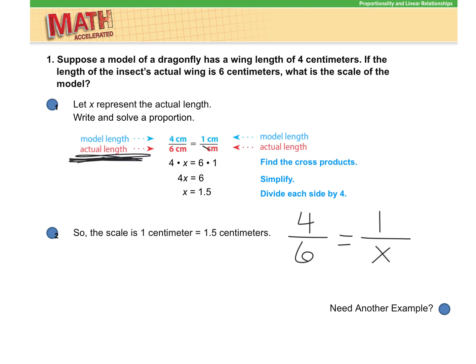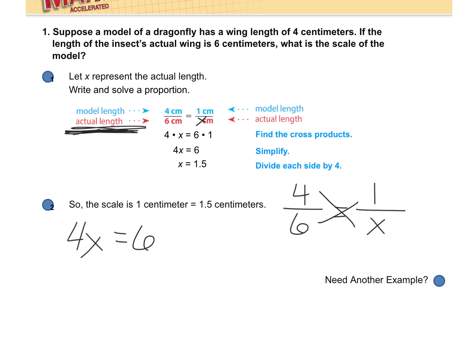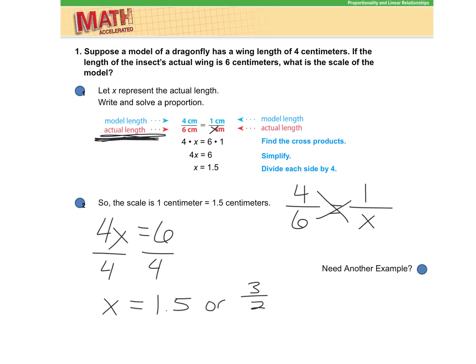So now we want to do what? How do we solve this? Cross multiply. So we have 4 times x, which is 4x, and then 6 divided by 1, which is 6. Now we divide by 4. You get x equals 1.5, or I would accept 3 over 2 if you left it as a fraction.